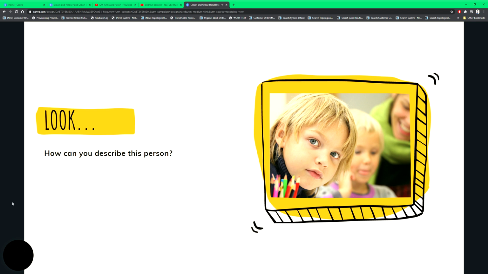Alright, look at this boy. What can you say about this boy? Look at his hair. What color is his hair? Can you say he has got yellow hair? You have to remember this word, blonde. So you can say he has got blonde hair.